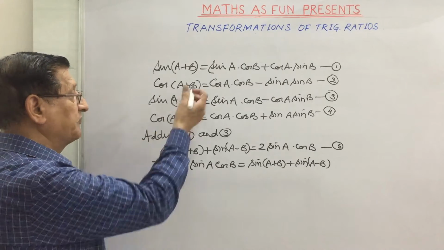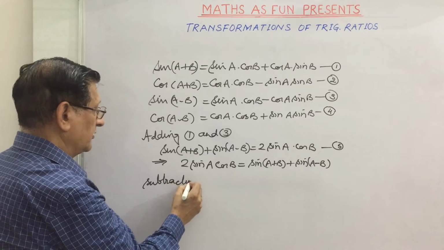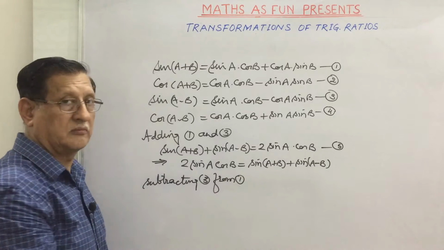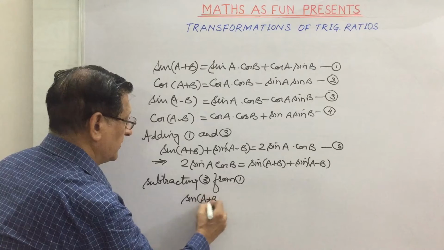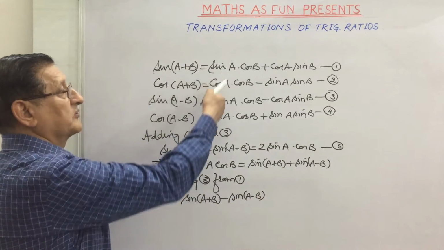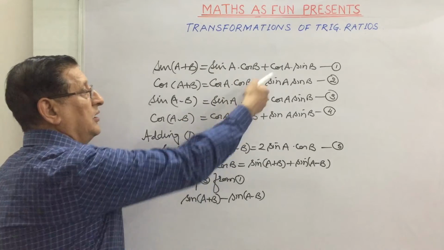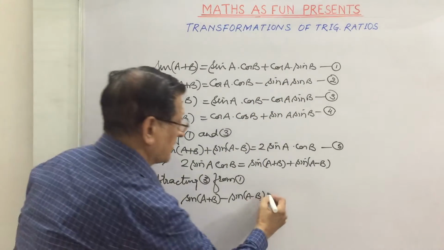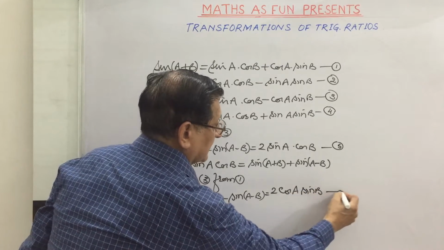If we subtract 1 and 3, subtracting 3 from 1, we find here sine of A plus B minus sine of A minus B, and if we subtract, signs will change. Then sine A into cos B will cancel, and this cos A into sine B, cos A into sine B will add, and this will come as 2 cos A into sine B. This we can write as 6th.